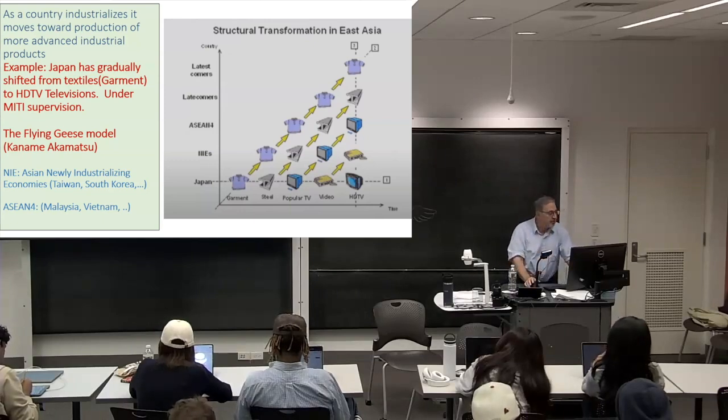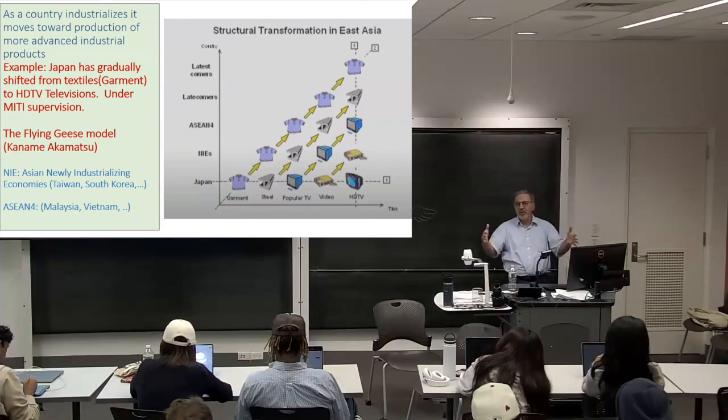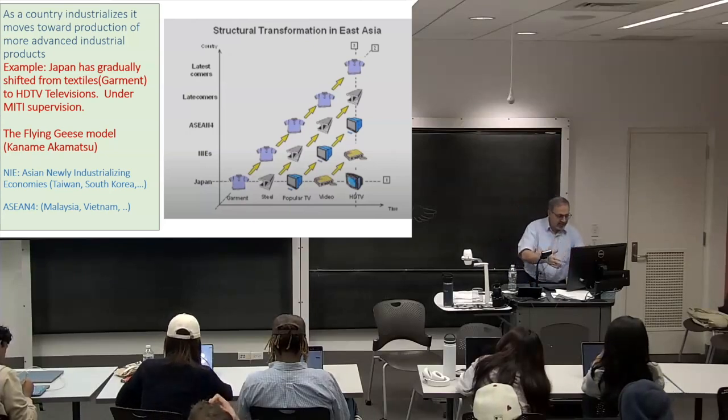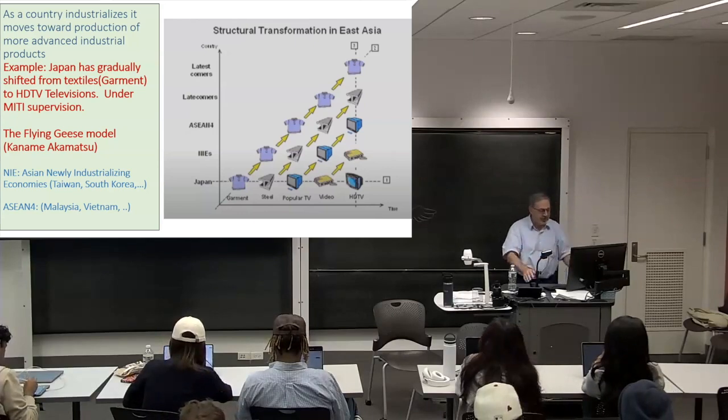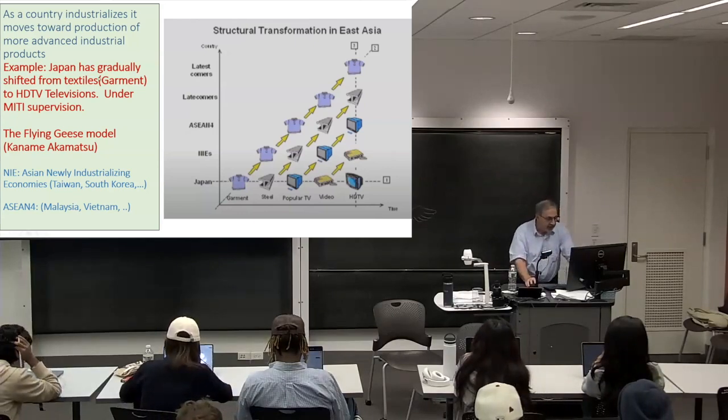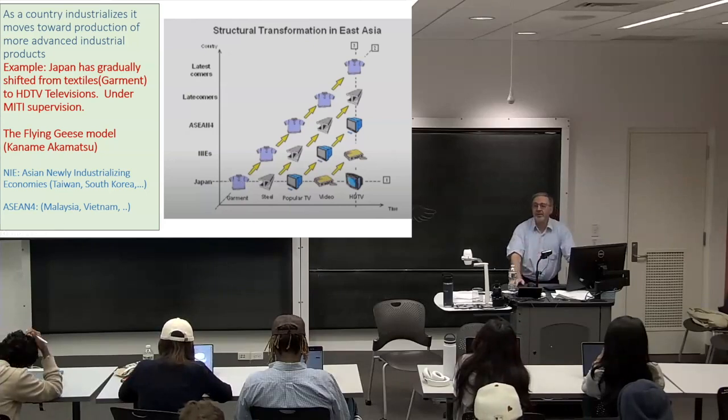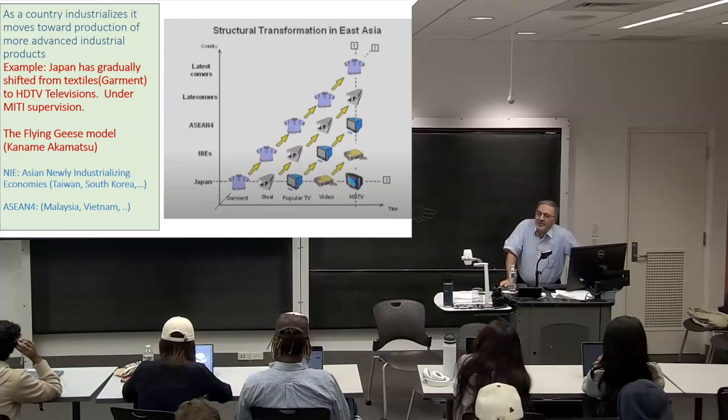Okay? The model is what happens among several neighbors. You have a country like Japan that is initially producing textiles because it's in the early stages of industrial development.